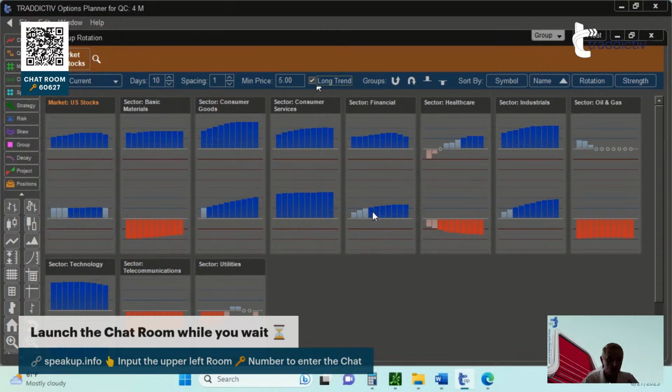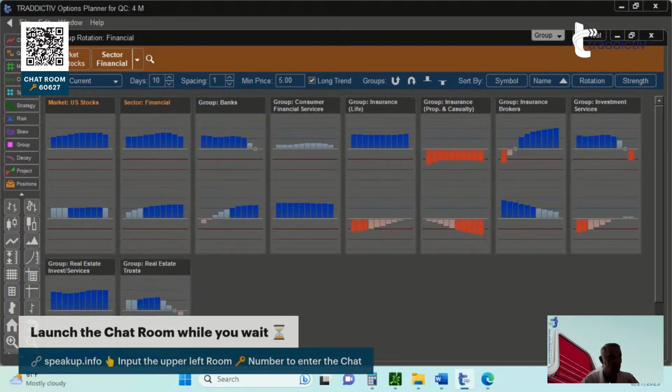So obviously JP Morgan Chase belongs in the financials. If you look right here, I'm going to put this in yellow. JP Morgan Chase is up for a month as well as up for a week. So when I click within the financials, I'm getting the multiple subgroups, and the subgroup to which JP Morgan Chase belongs is banks.